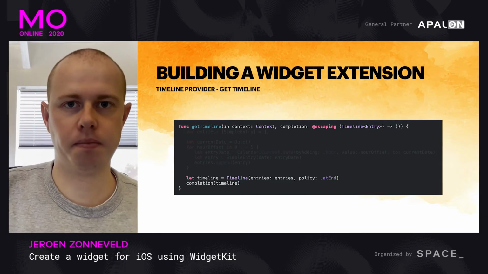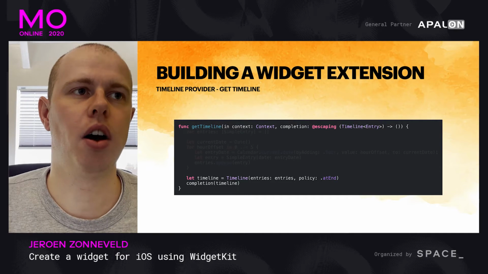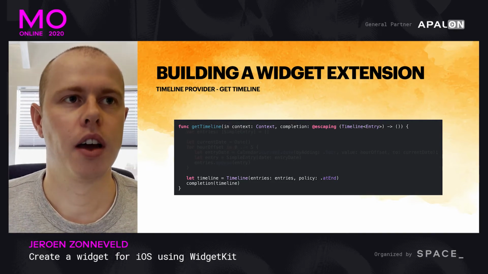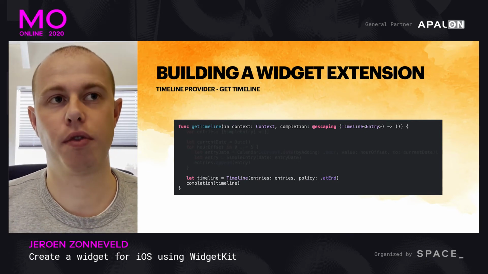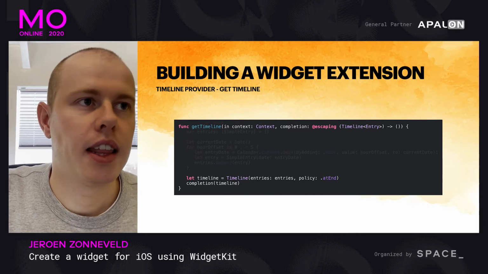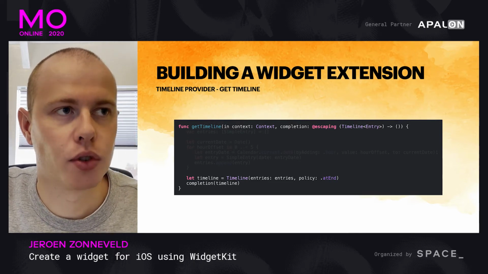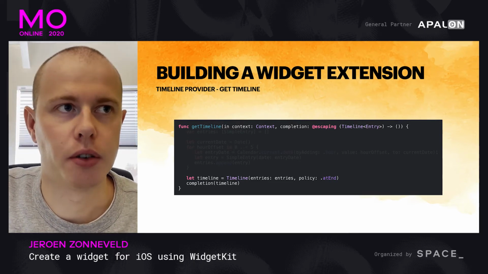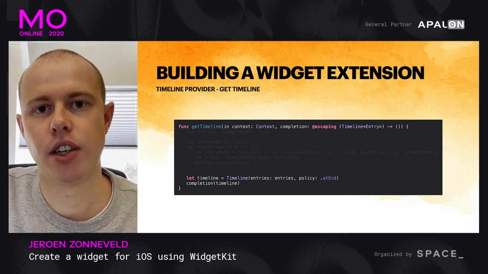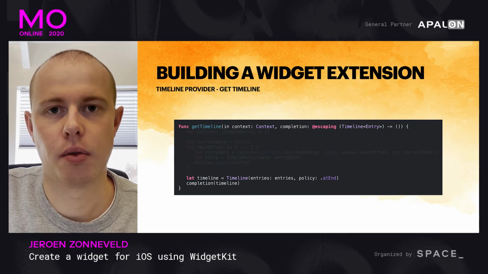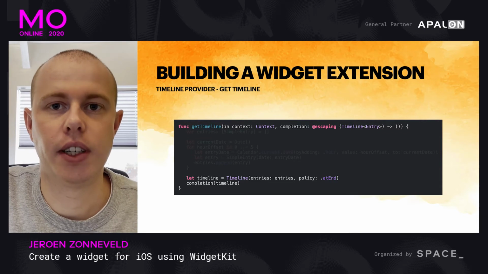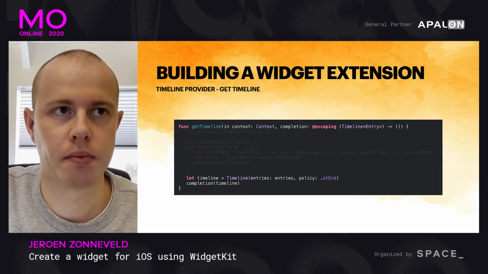So when all the entries are shown, then the timeline will be refreshed and we'll go through this again. So at the end, we give the timeline to the completion block and the widget will be shown. Because we have a date in the entries object, the system knows when to show each entry inside the view.